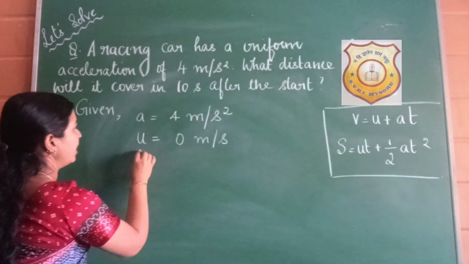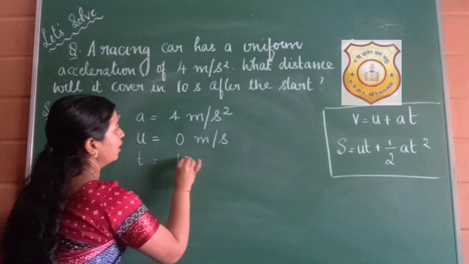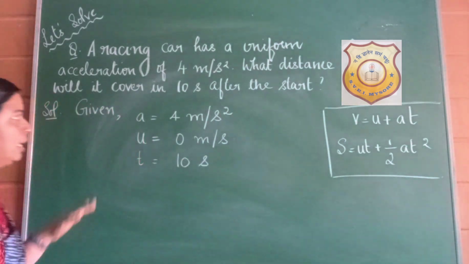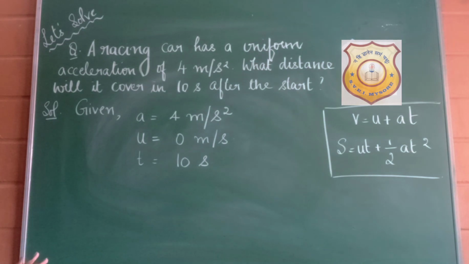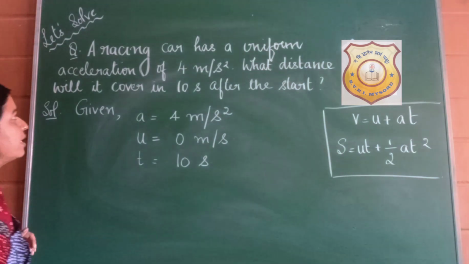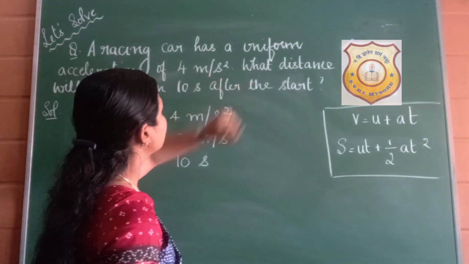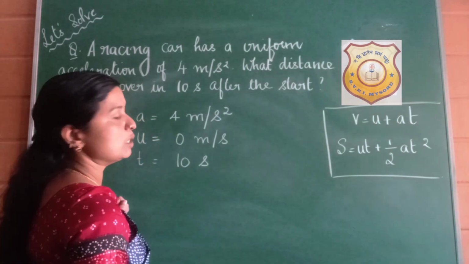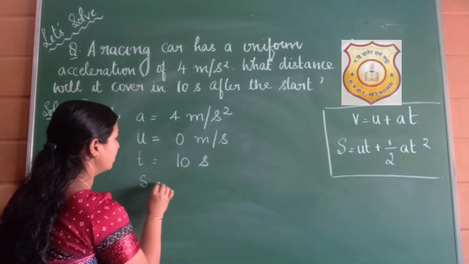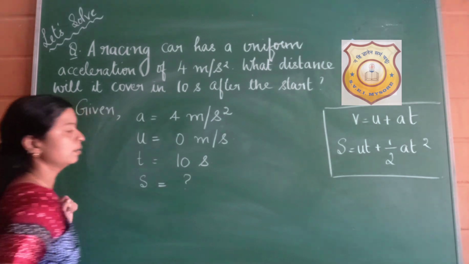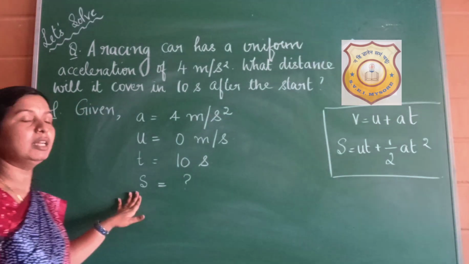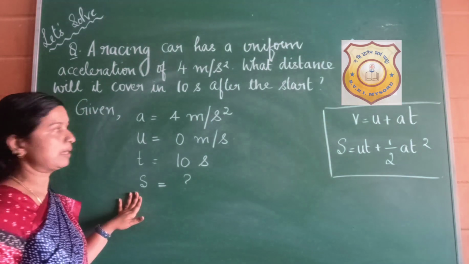And time is given as 10 seconds. There is no mention about the final velocity, so we will leave it as such. And then they have asked us to calculate what distance it will cover. So we have to find the distance after 10 seconds.